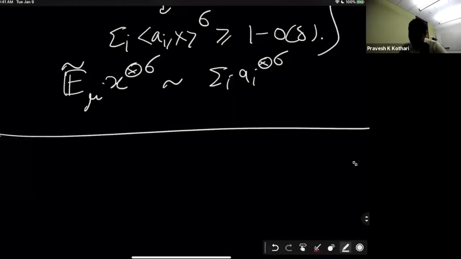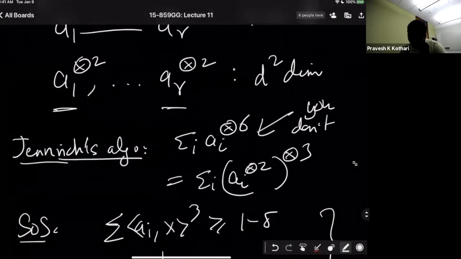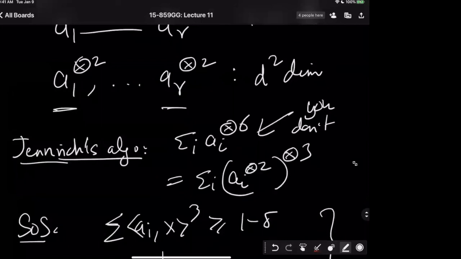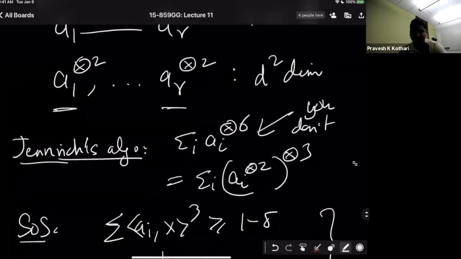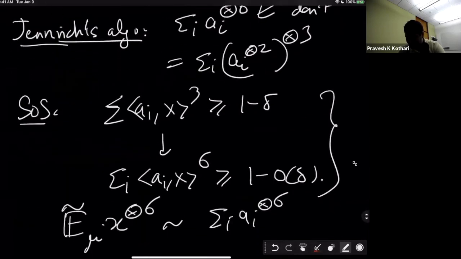Yeah, I guess I was very, very fast in the end, but one observation I was mentioning at the end is that, if you had, let's say, sixth order tensors, then you can just view the sixth order tensor as a third order tensor of AI tensor to the 2, which means that now you can handle D square components just by Jennrich's algorithm. And I was mentioning situations where even though you're not given the sixth order tensor, you can pretend that you have it.